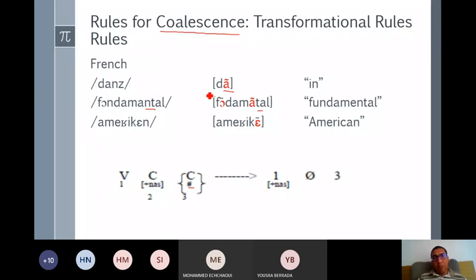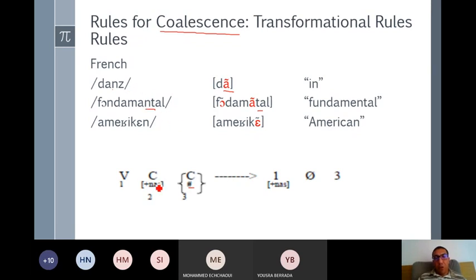Actually, it's not a coalescence in the sense that we separate the two rules. First, we have nasalization, and then we have deletion of the nasal consonant. So first we apply nasalization, and then we delete the consonant.